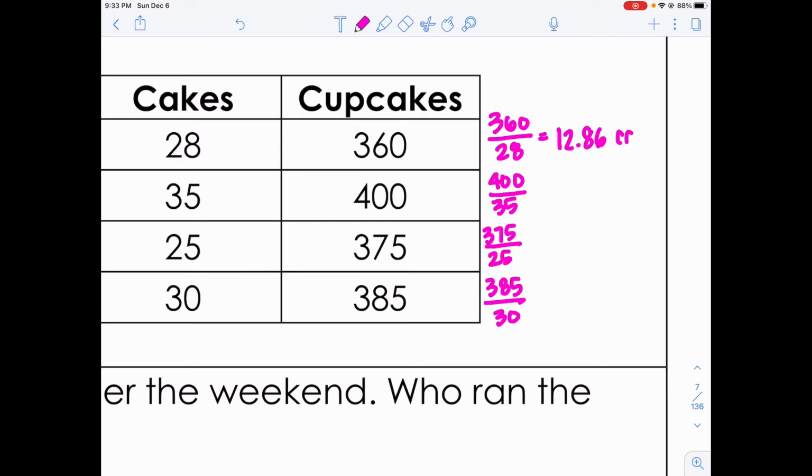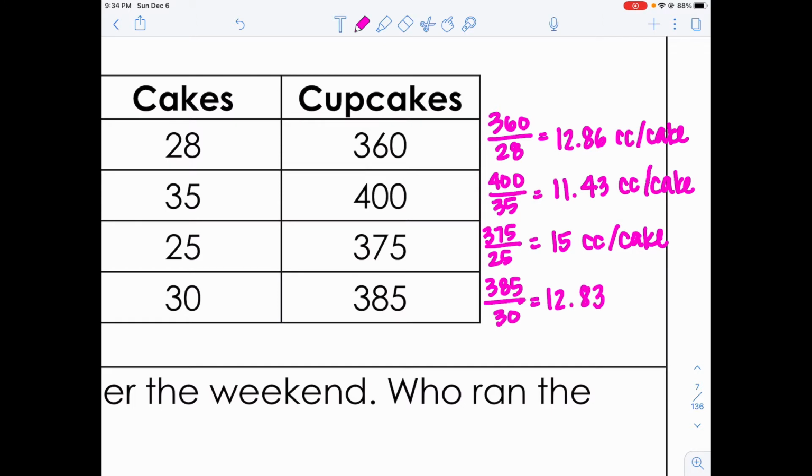This is cupcakes per cake. 400 divided by 35, I get 11 43/100 cupcakes per cake. Then 375 divided by 25 gives me 15 cupcakes per cake, and that is per 1 cake. And then on my last one, I get 12 83/100 cupcakes per cake. That's per 1 cake again.